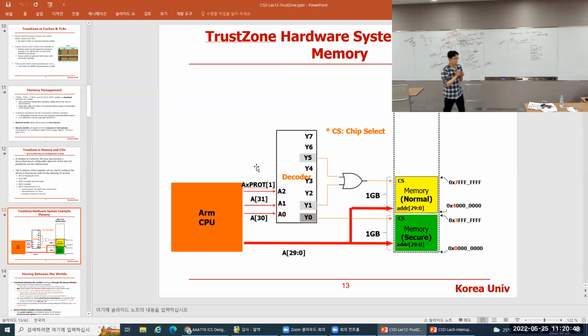Otherwise everything is 0. If you remember decoder, let me use this 2 to 4. 2 inputs, A0, A1, and 4 outputs, Y0, Y1, Y2, Y3. A0, A1 both 0, then only Y0 is 1. Okay. Let me change.